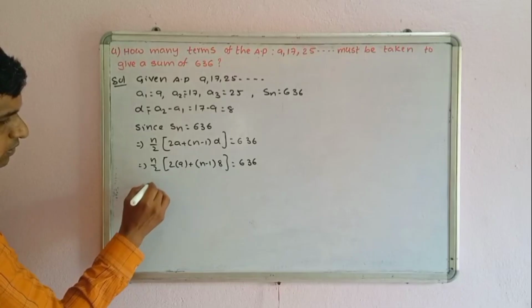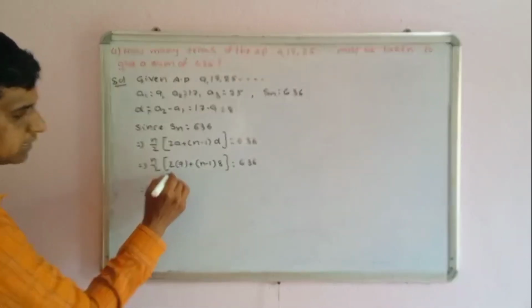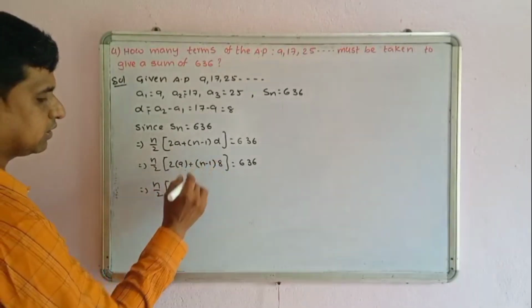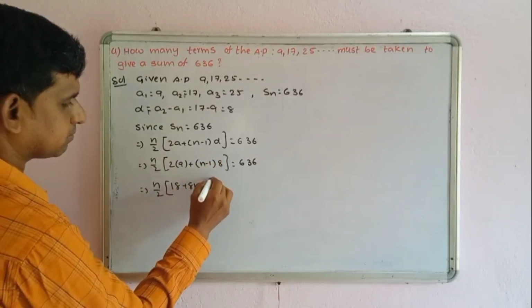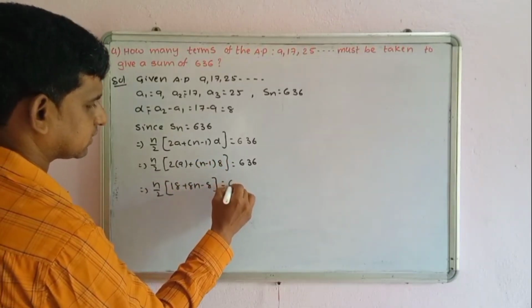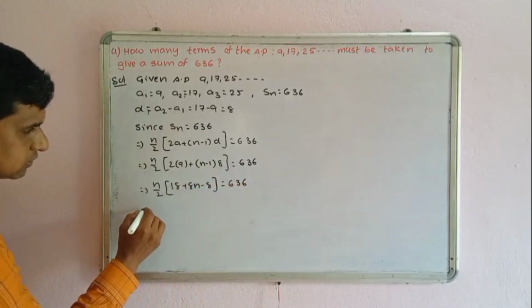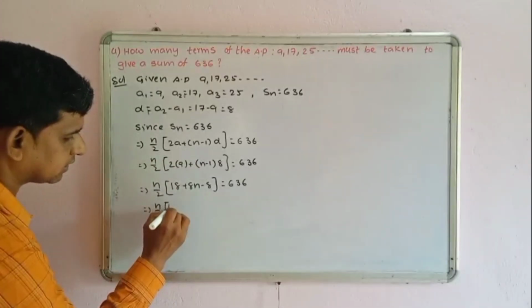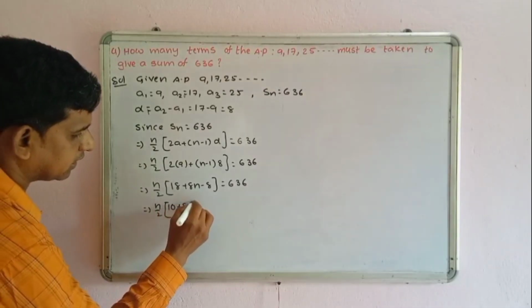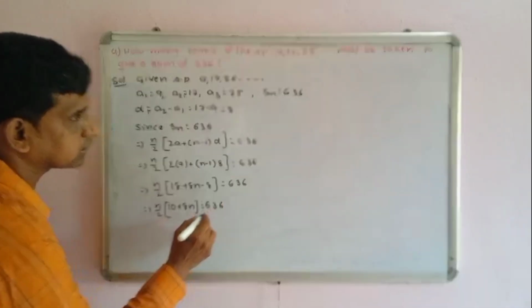So n by 2, 2 nines are 18, n into 8 is 8n, minus 1 into 8 is minus 8, equals 636. So n by 2, 18 minus 8, 10 plus 8n equals 636.